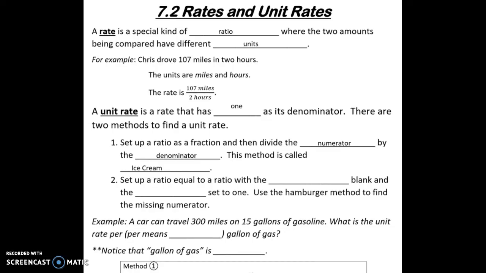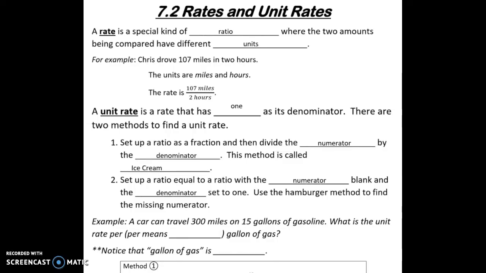The other way we can do this is set up a ratio equal to a ratio with the numerator blank and the denominator set to 1, and then use the hamburger method to find the missing numerator.